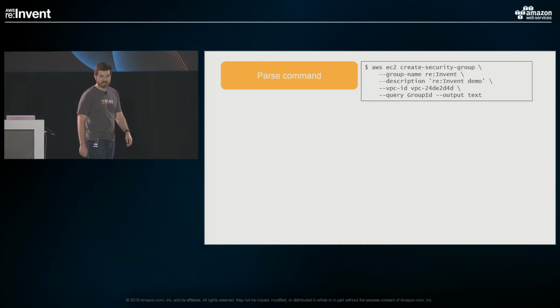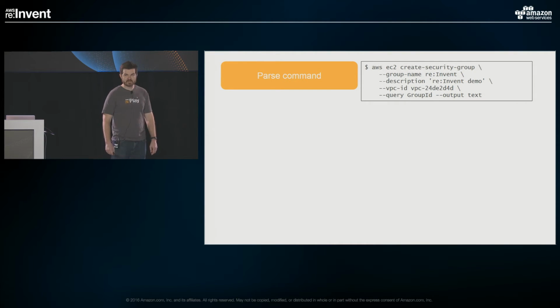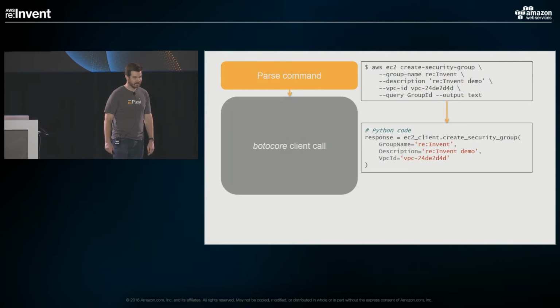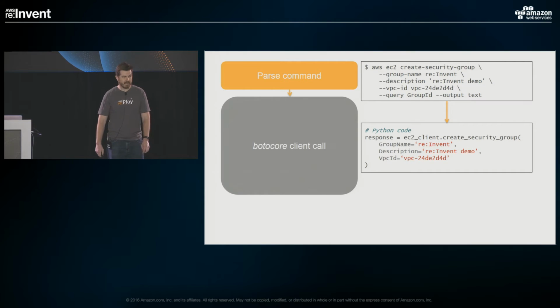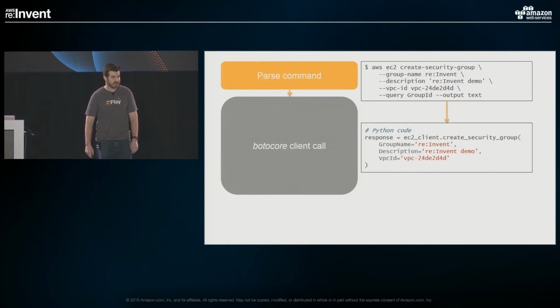At the very first step of a CLI command, there is the parsing of the command, so determining what operation, what parameters got passed in. After the command gets parsed, a Botocore client call gets made. Botocore, if you remember from before, is that underlying library that powers the AWS Python SDK and the AWS CLI.